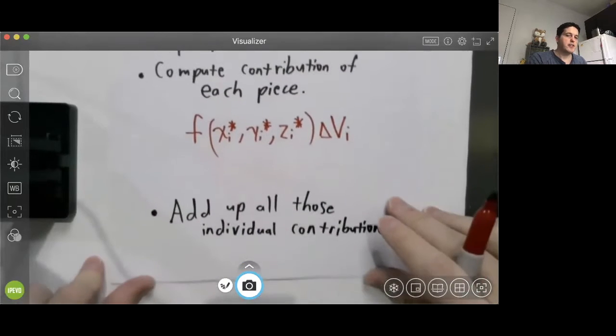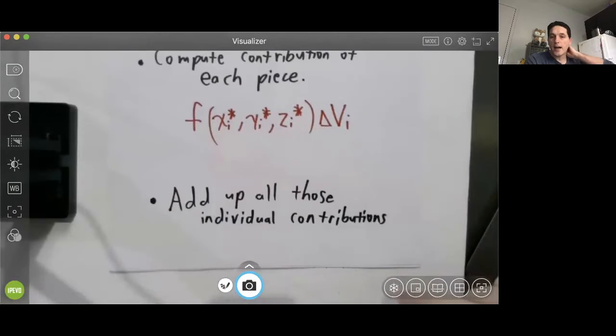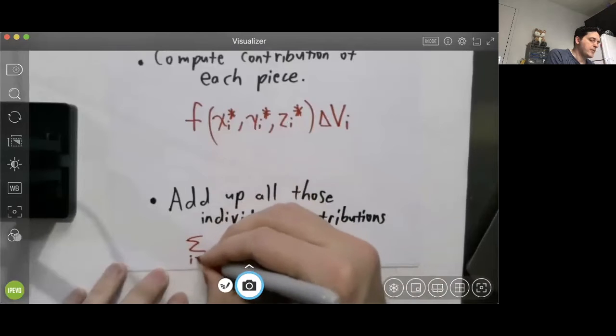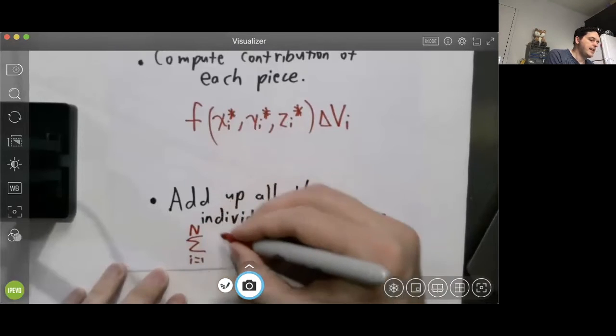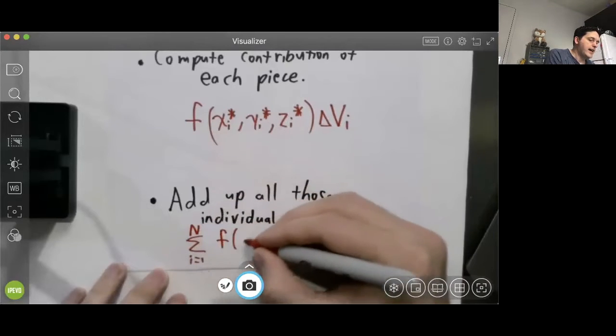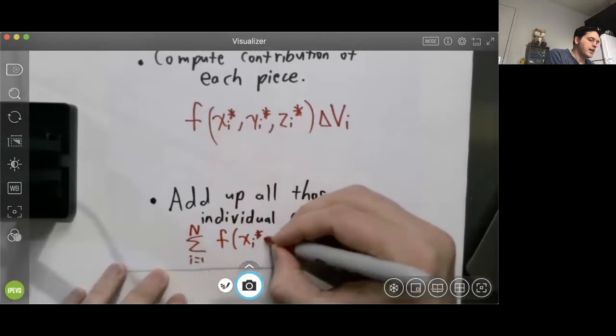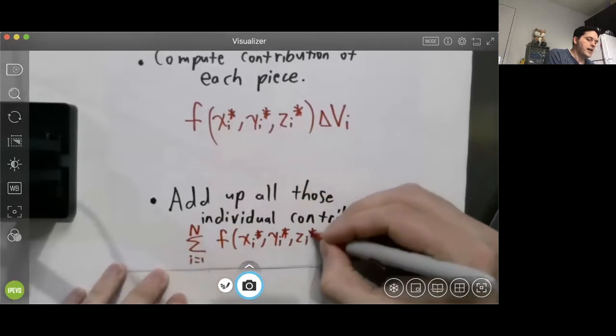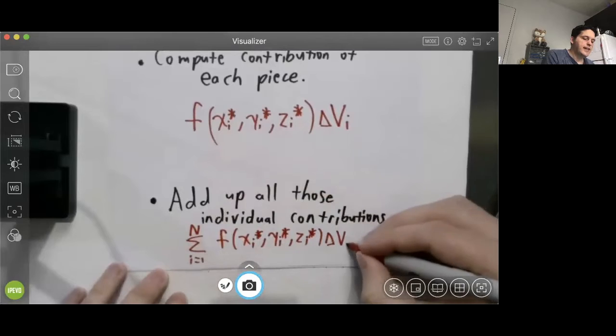So next what we do is we just add up all these individual contributions. So we just sum from i equals 1 to n of f of xi star, yi star, zi star, delta vi.